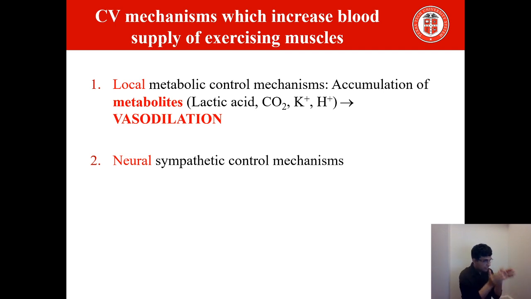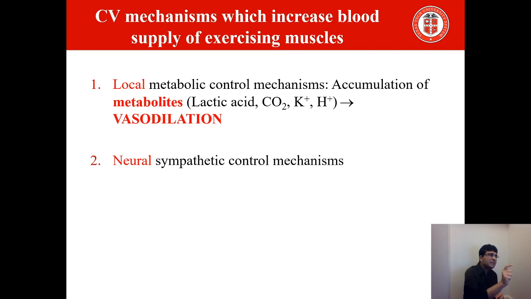Local mechanism means that they are confined to the exercising muscles. The responses which we see are there in that particular muscle or area where the person is exercising. And number 2 is the overall systemic sympathetic response, and that is conducted by the neural pathways or the nerves.